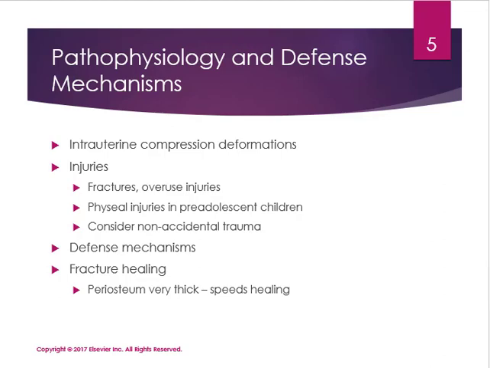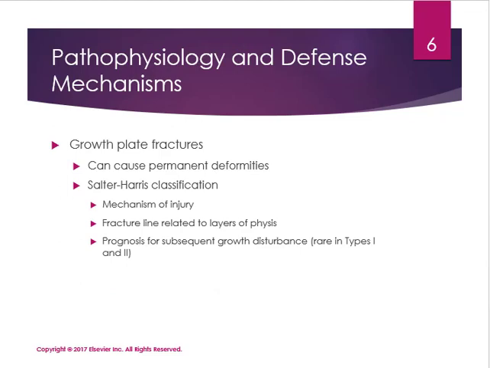There's increased osteoblastic activity in that area, and so with that periosteum being thick and having increased growth, you have that on the top, and then also normal bone growth beneath it. Also, you may see some growth plate fractures. If fractures occur in the long bones, they can produce permanent deformities.